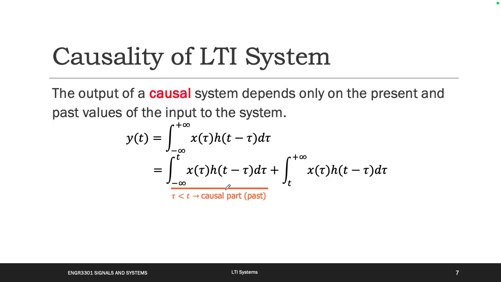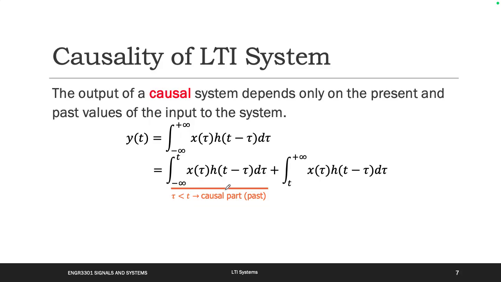The range of tau is from negative infinity to t, and t is the present time. So tau is always smaller than t, which means this is the causal part, because the input is always the present or past signal. That makes sense to you?